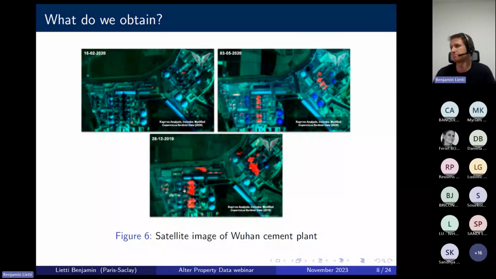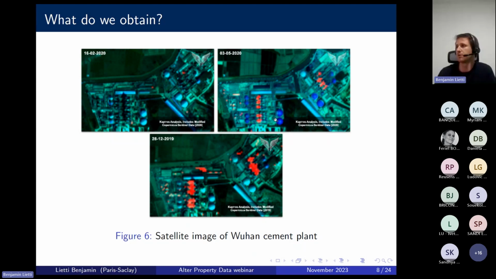That's why it's colored in red. Then in February 2020, during COVID-19, all the kilns are cold. There is no heat emission at all. So the plant wasn't producing any cement. Everything was shut down. And then production restarted from May 2020.